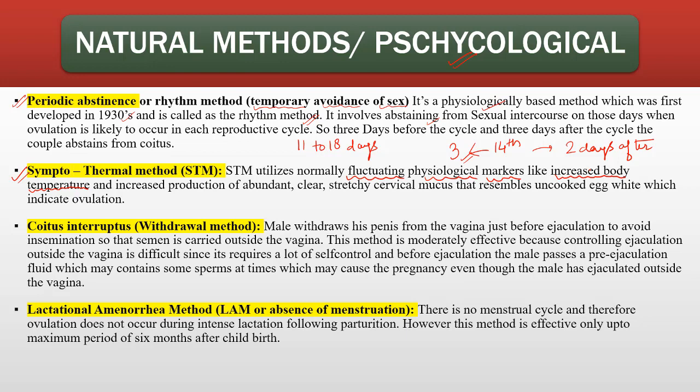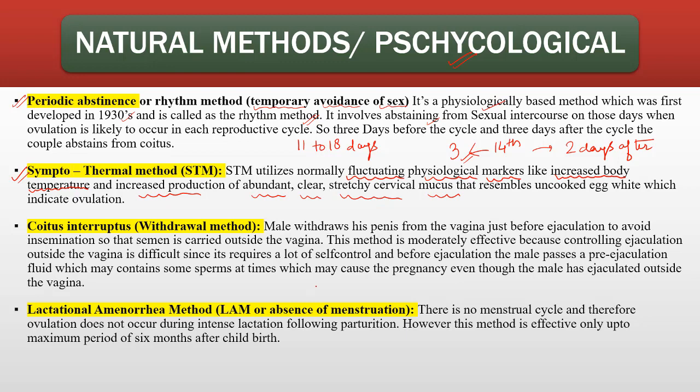The LH surge can come up with fever if it is noticed. There is also an increased production of abundant clear, stretchy cervical mucus. So a female could get a clue that it can be a date of ovulation, release of the egg.